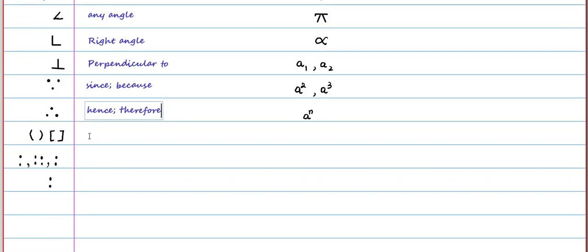Getting it? And what does this mean? The first one is known as parenthesis, and the second symbol shows brackets. And what does this mean? Let's take an example.